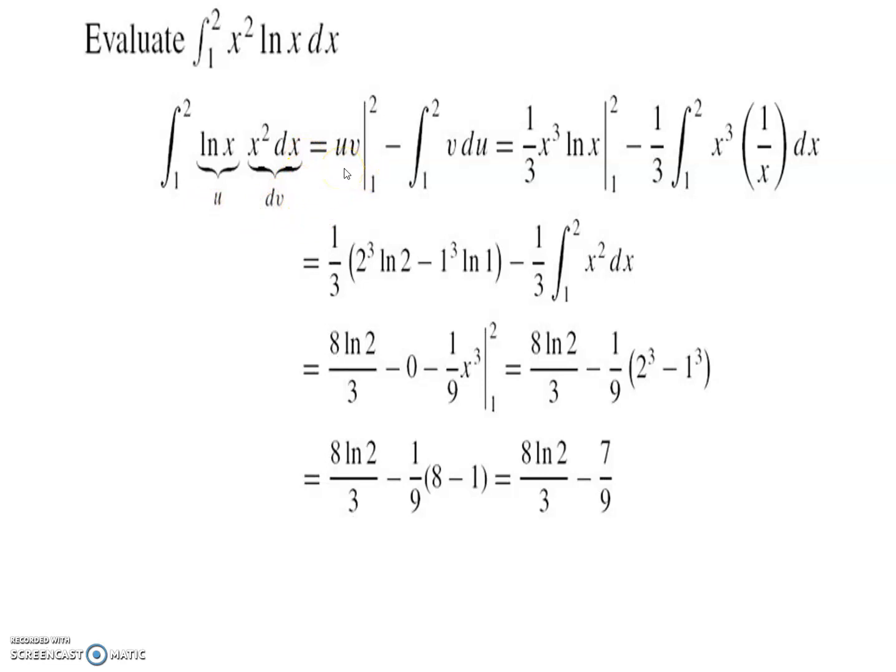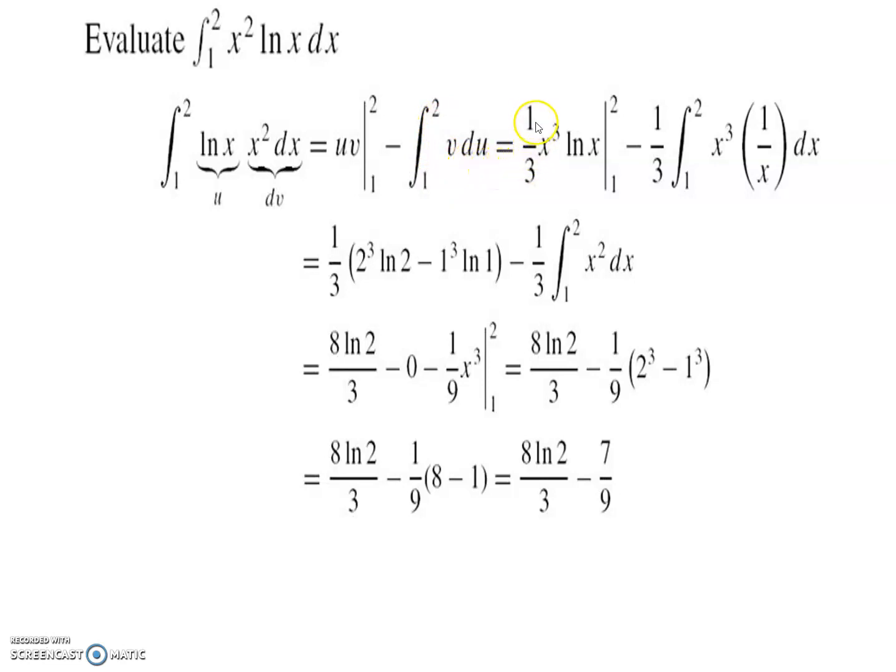Now the integration formula is uv minus integration v du. So we put u as ln x and v as x square.